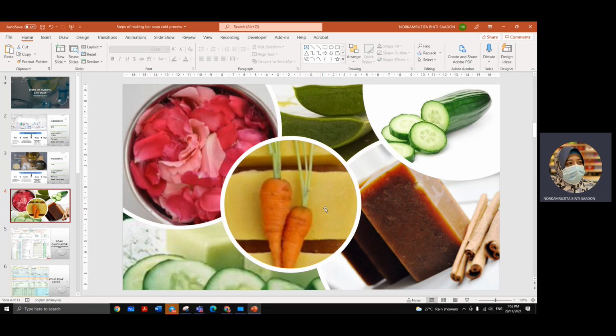When you want to use these botanical ingredients, make sure that you grate or at least blend the vegetables or the aloe vera. For aloe vera, you need to take out the skin first. Once you grind that, you are using the water.